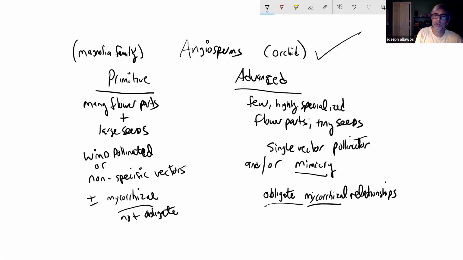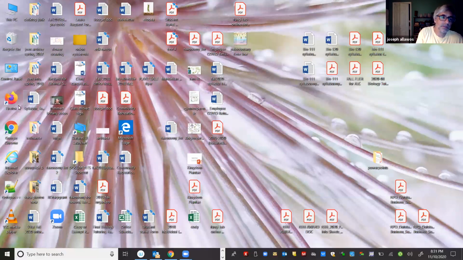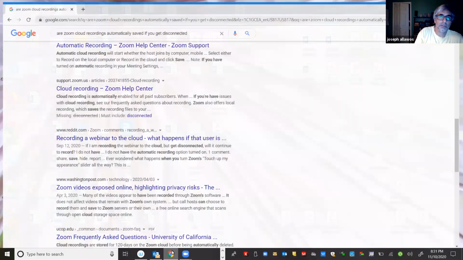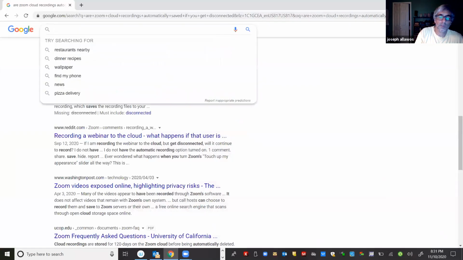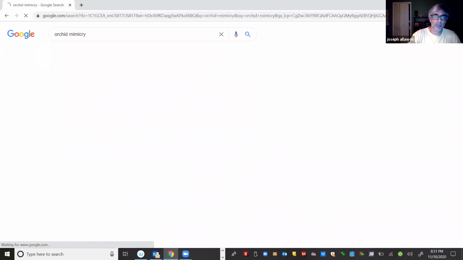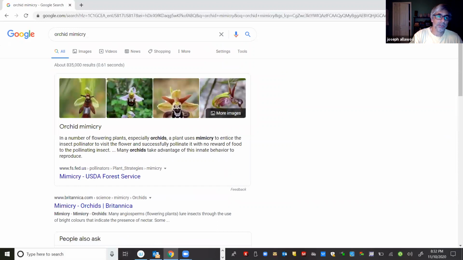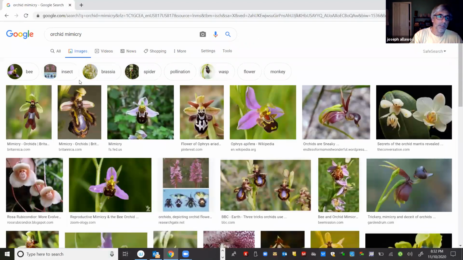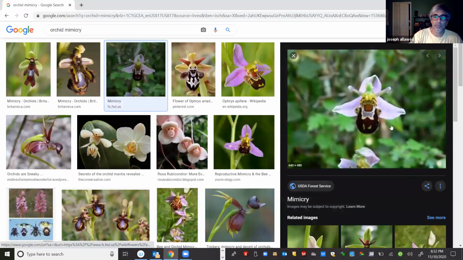Let's look at some mimicry, just because it's pretty amazing to see, honestly. It's sort of the ultimate pinnacle of evolution, this idea of mimicry. The idea is the orchid mimics the insect that pollinates it, usually the female of the species, because we know the males are dumb.